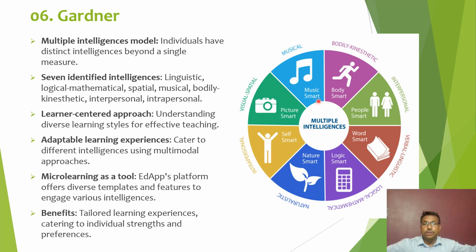Are you dexterous, or are you single-armed or dominant? Learner-centric approach: understanding diverse styles of effective teaching, as the case might be. Adaptable learning experiences cater to different intelligences using multi-modal scenarios as and when required.